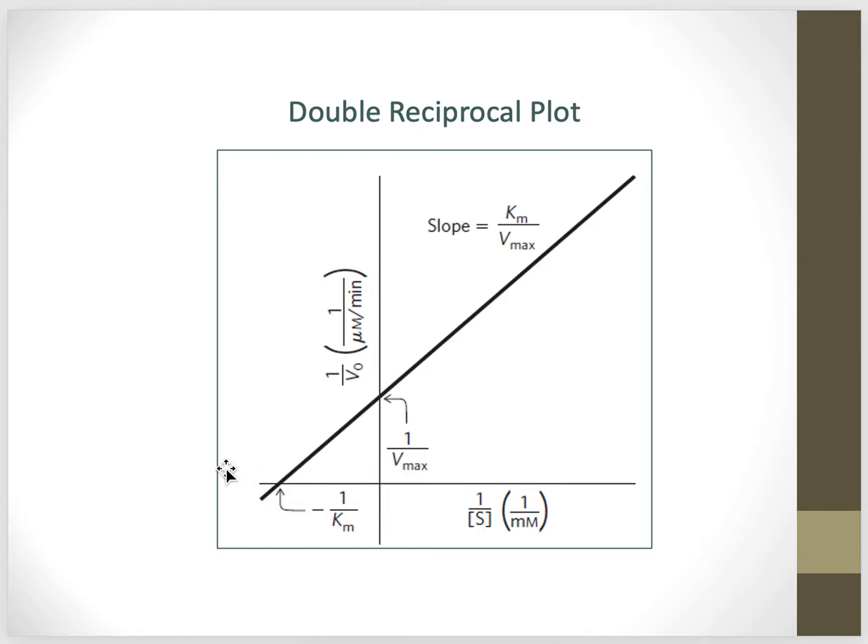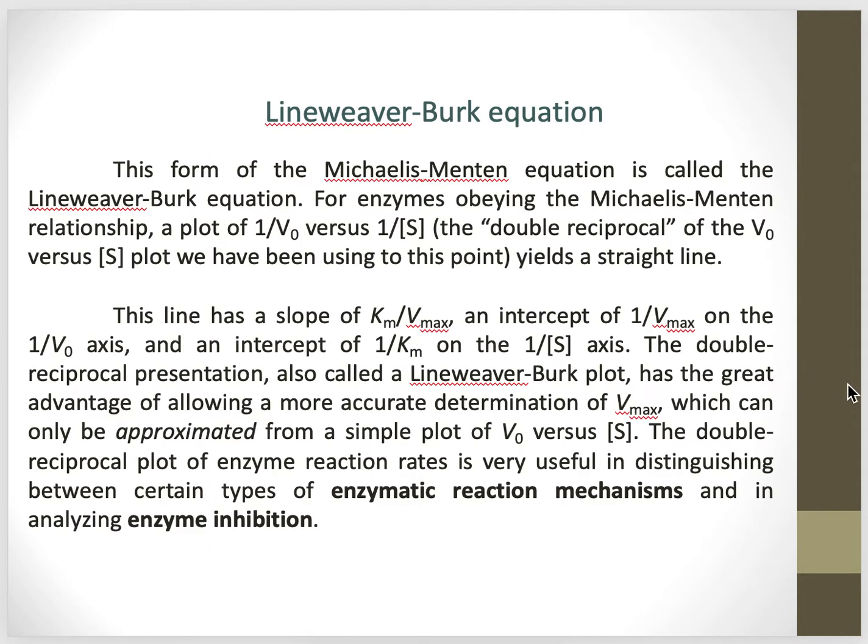So the double reciprocal representation is also called the Lineweaver-Burk plot. It has the great advantage of allowing a more accurate determination of Vmax, which can only be approximated from a single plot of V0 versus substrate concentration. The double reciprocal plot of enzyme reaction rates is very useful in distinguishing between certain types of enzymatic reaction mechanisms and in analyzing enzyme inhibition.